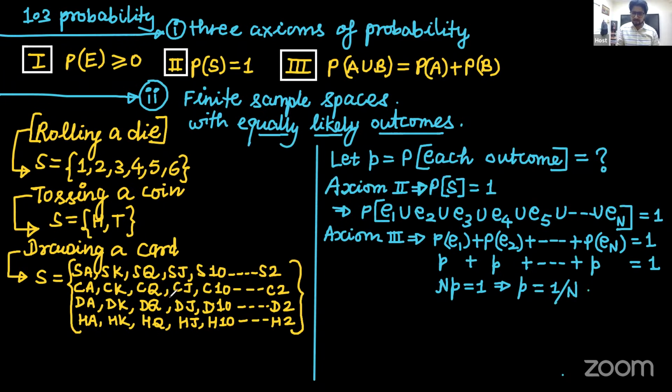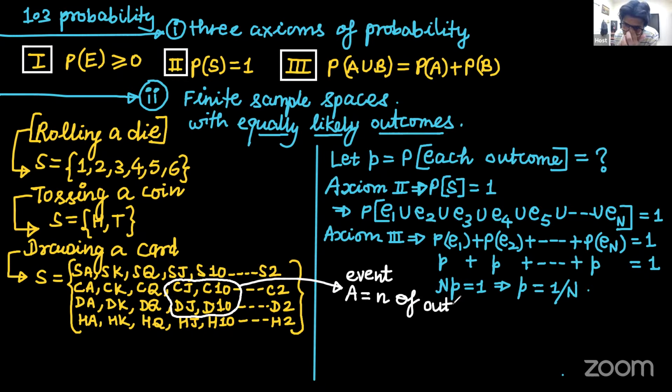Now let an event A be defined on the sample space that contains a small n number of elements.